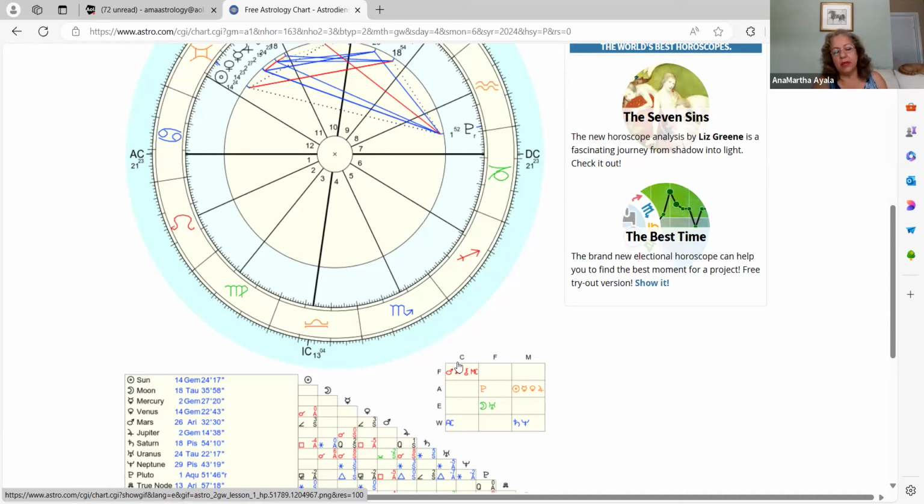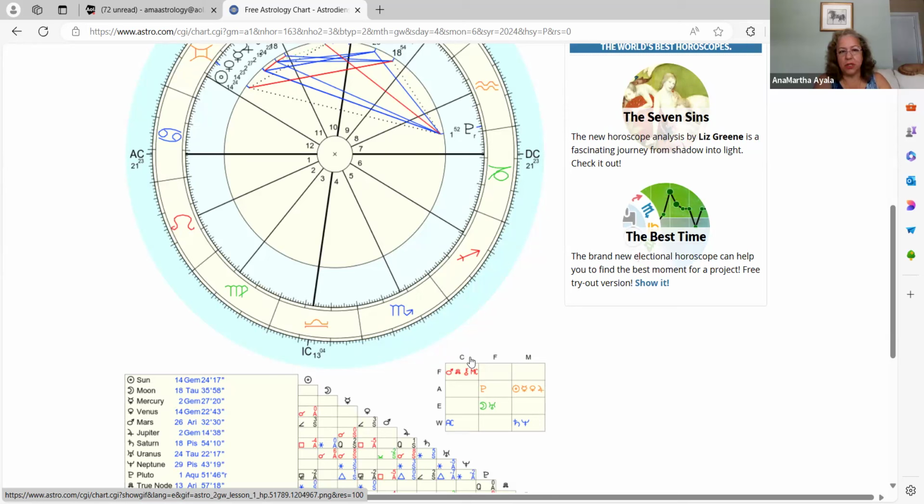So let's start with the modalities. You have, like I said, cardinal, fixed, and mutable. Cardinal is this little box right here.